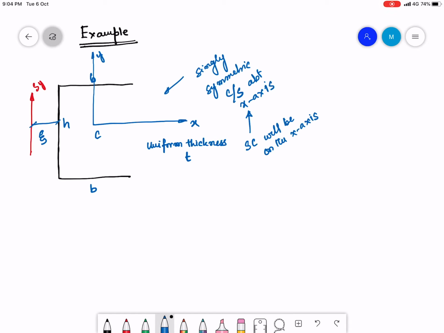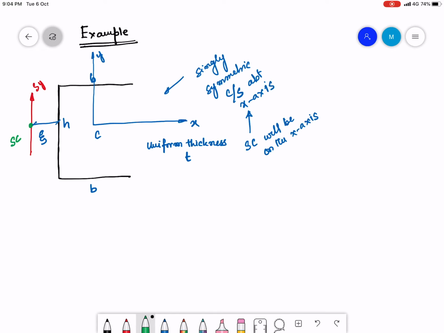So let us consider that the shear center is at a distance, okay, zeta from the outer edge of the C section. Okay, and to find out this zeta I have to consider Sy, that is acting on the cross section.